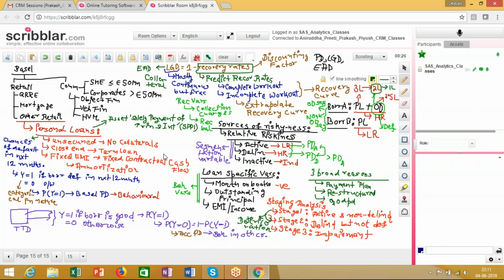The question that comes out is how IFRS 9 defines this deterioration. How can I define a deterioration in the stage of a borrower? How do I do that?